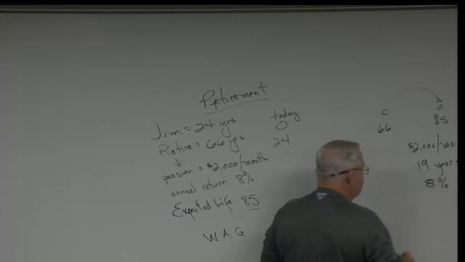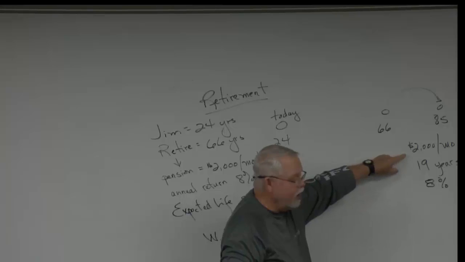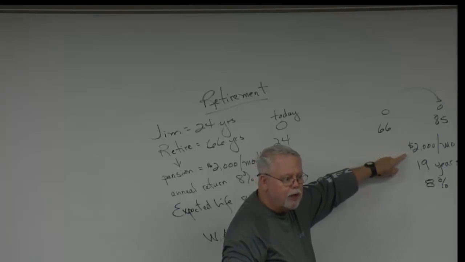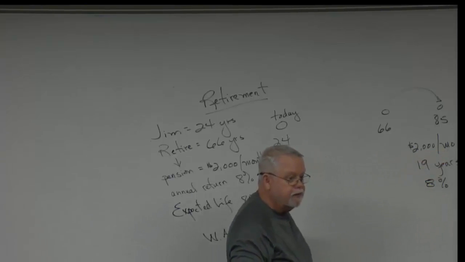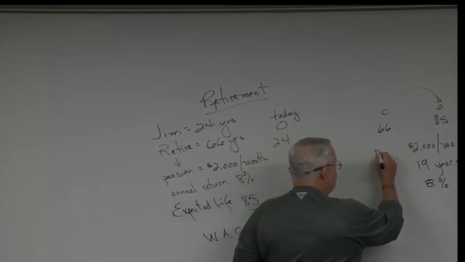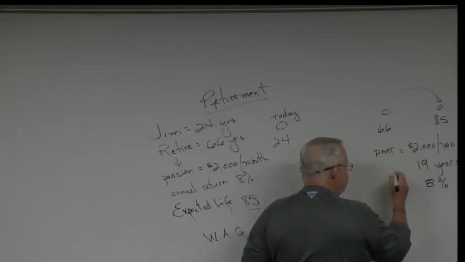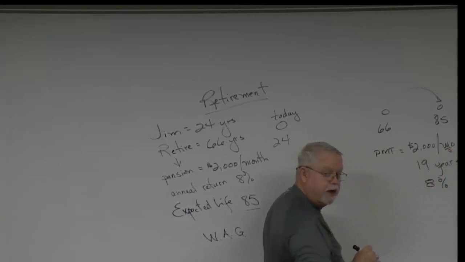So he's got an interest rate here of 8%. What do we have here so far? We have the interest rate. What's the 2,000? It's per month. If it's every period, it's a payment. Payment. Okay. So he's going to want a payment of this, and it's on a monthly basis. Aha, you got to watch for that.